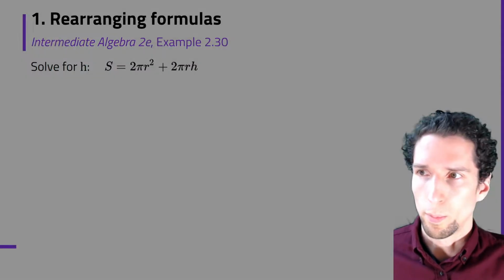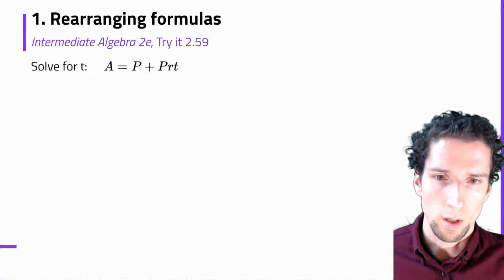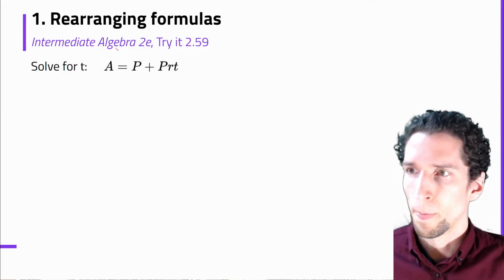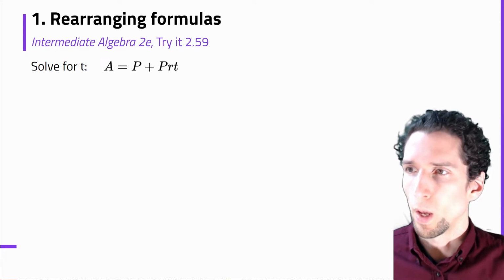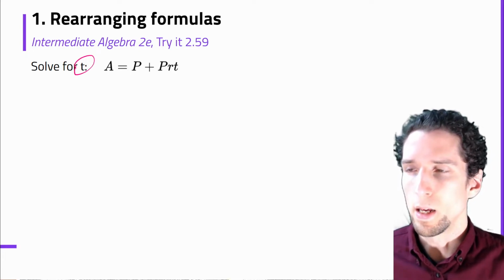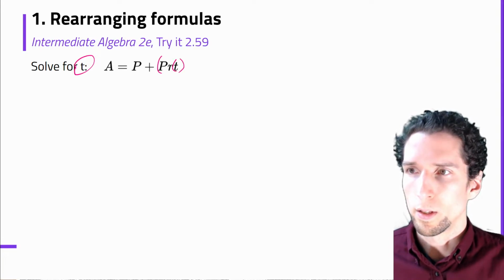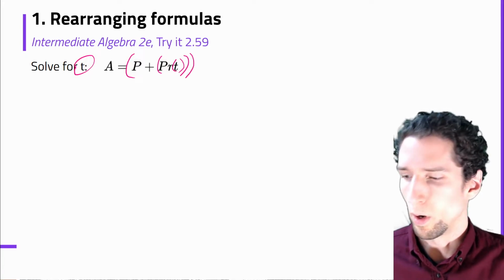So let's do a practice with that. And this one here, a equals p plus prt, and we are solving for t, it's asking. So here's our t, and then this times pr, and then plus p here. That's our order.